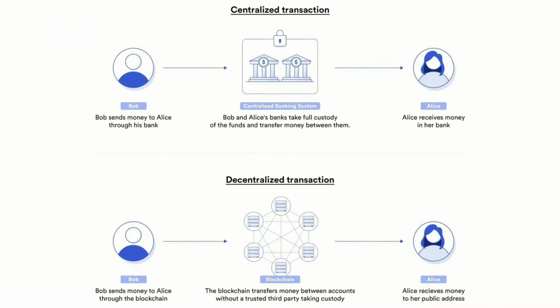The blockchain will then transfer the funds between accounts without any one particular entity maintaining control, maintaining custody. Therefore, the networks actually validate this process, eliminating the single point of failure. Once that is verified, Alice will then receive her funds.